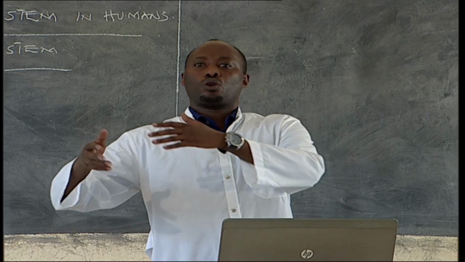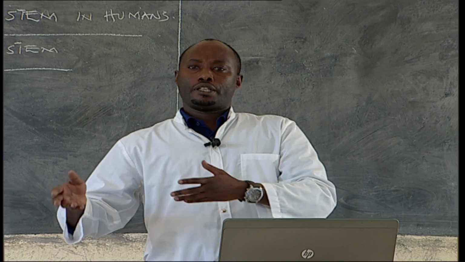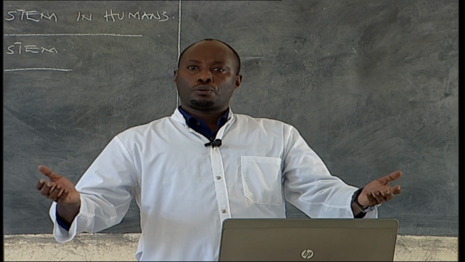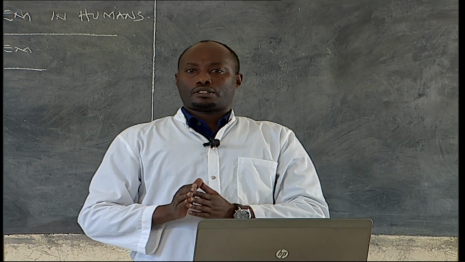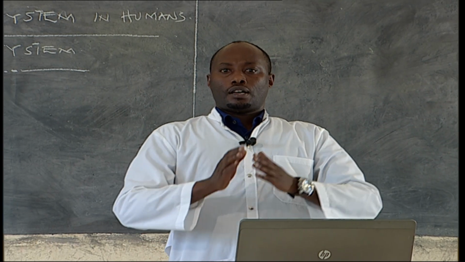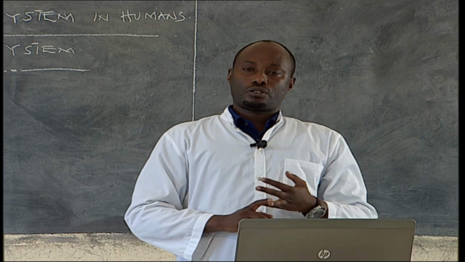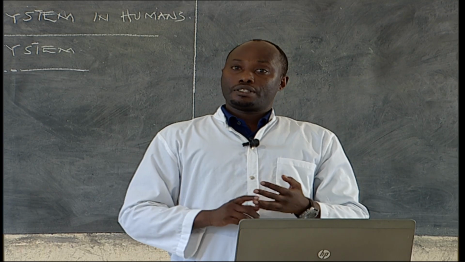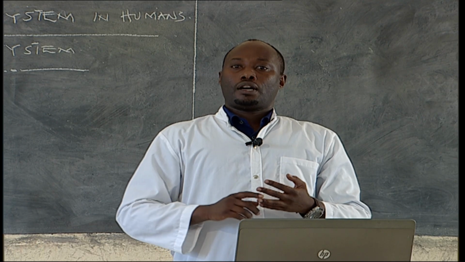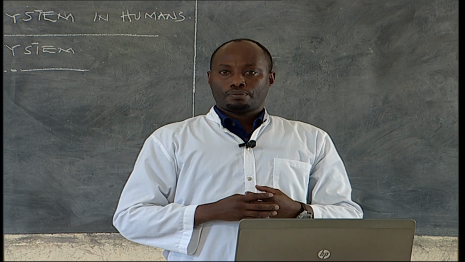So we're going to go through all these major components, the organs that are responsible. As I mentioned, the major components of the lymphatic system are lymph vessels, lymph nodes, and lymph organs.